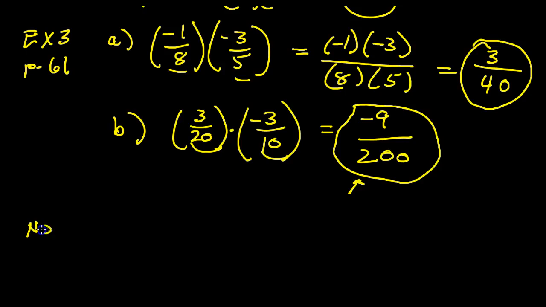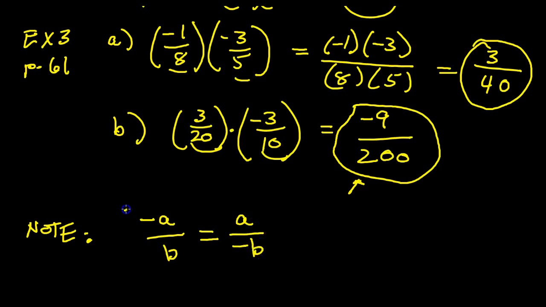Note, regarding the signs of negative fractions, the following are equivalent. Minus a over b, which is typically how I like to write most negative fractions, absorbing the negative sign in the numerator. I could also write this as a over negative b, could I not? Look at that first fraction.